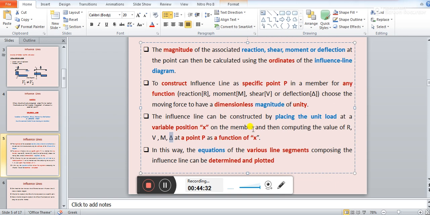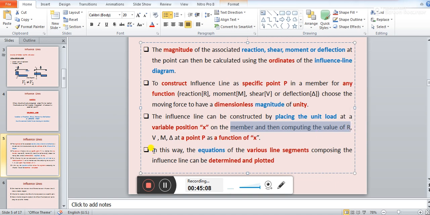If you can find out the reaction, shear force, bending moment, and deflection at a particular point as a function of x, then you will actually be finding out the influence line diagram for that member.